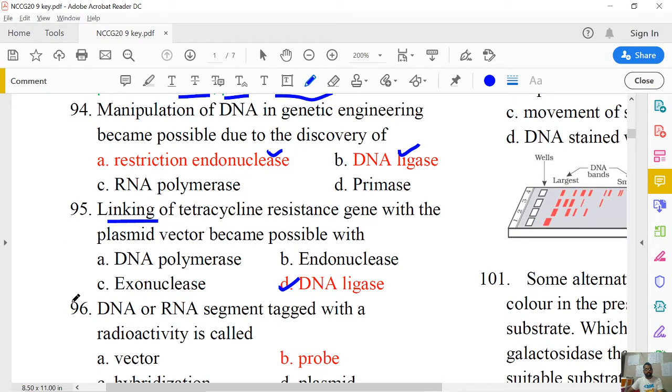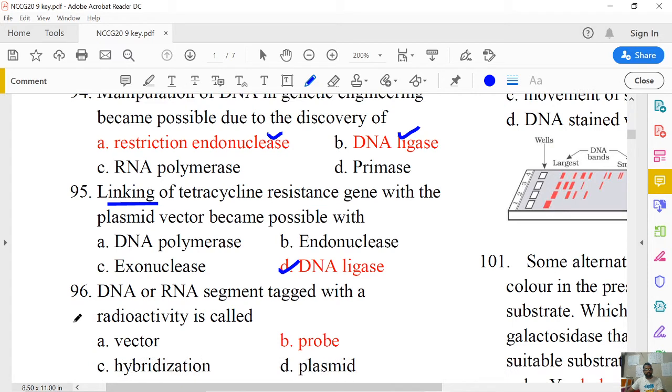DNA or RNA segment tagged with radioactivity. It is a probe. So probe is one complementary strand, complementary to the target gene. So for example, if I want to detect this particular gene, this is the complementary sequence. This can be a single stranded DNA or single stranded RNA, and it is radioactively labeled or maybe fluorescently labeled.